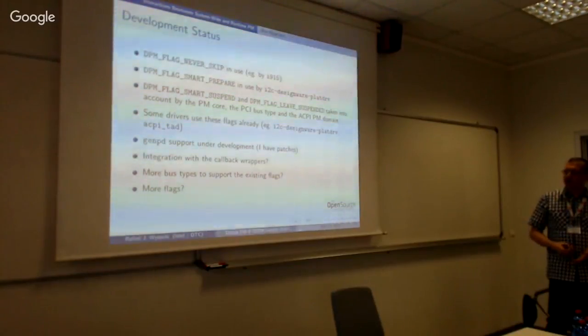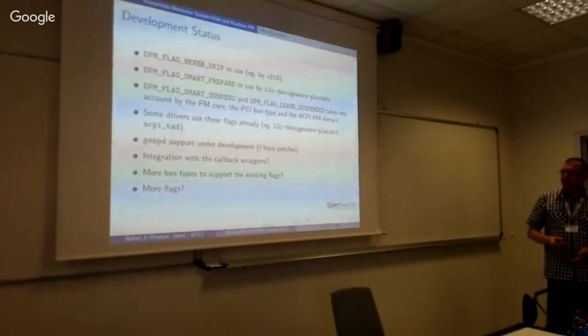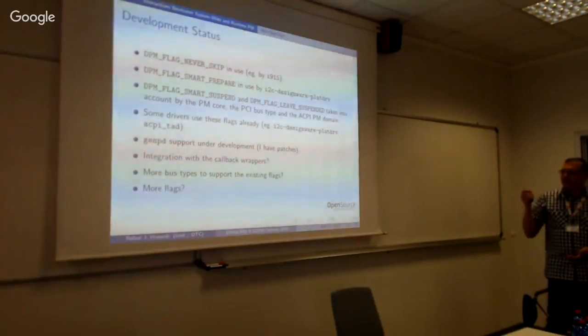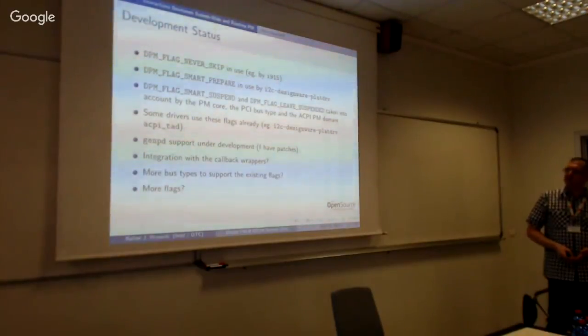Can we just replace everything else, I mean the direct complete and the callback wrappers, with this approach, or do we need to carry all of these optimizations together and try to integrate them? Maybe we need more flags. Maybe it may be beneficial to add support for the existing flags in more bus types and so on. So this is the status today.